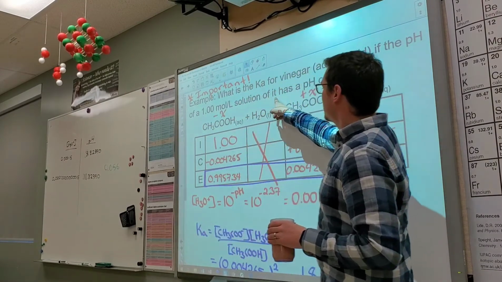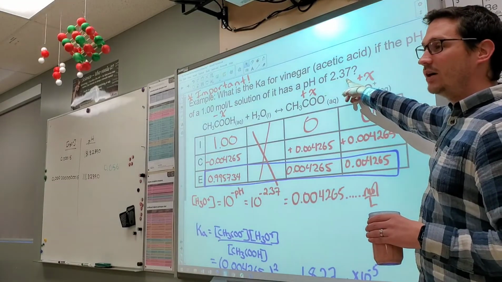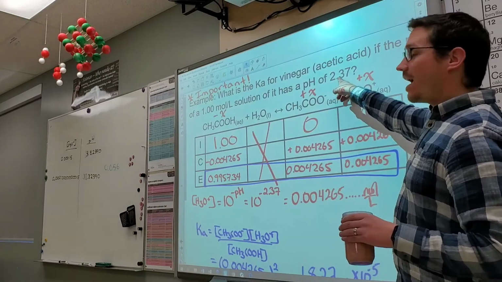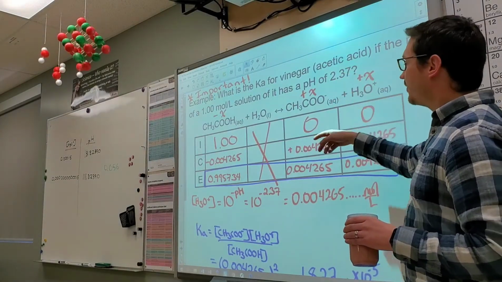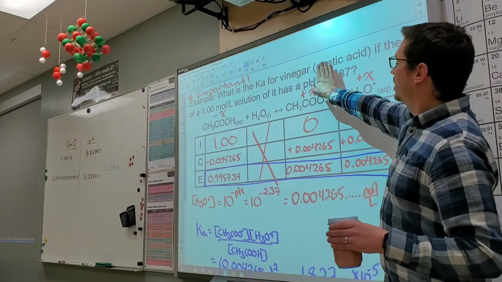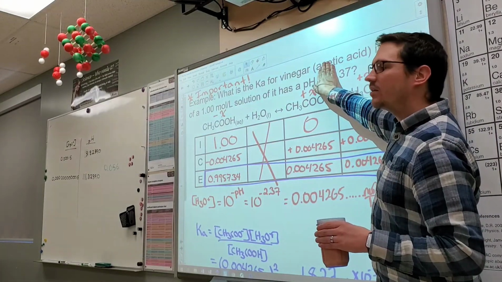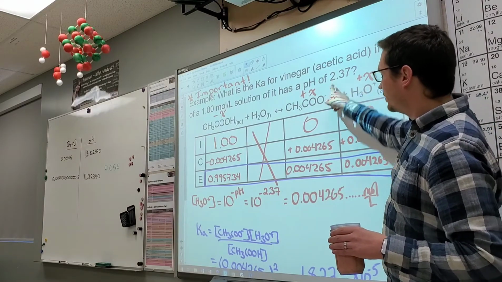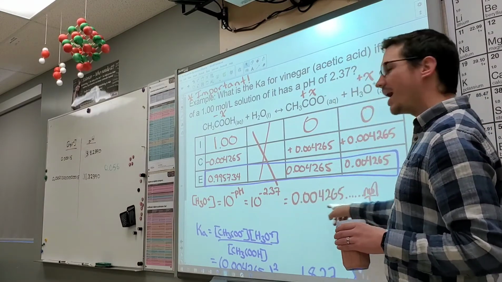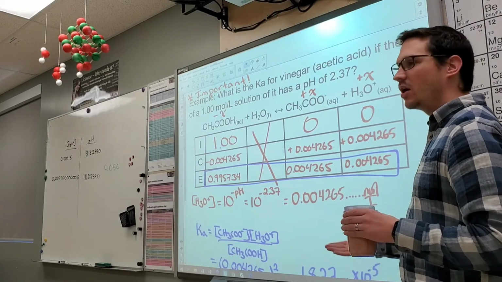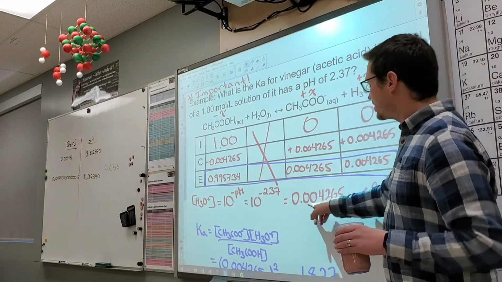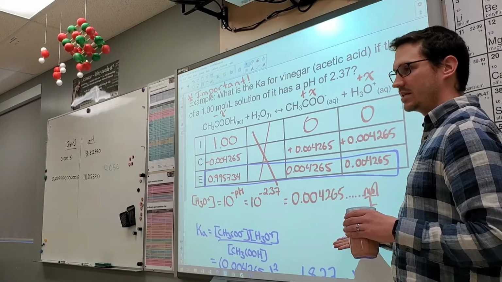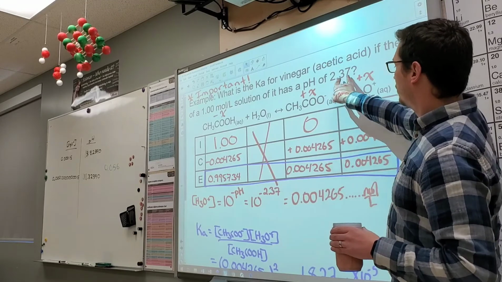How many significant digits here? 2. It's only after the decimal place for pHs. If I give you a pH, you don't care about anything in front of the decimal place. That's just telling you there are approximately 2 zeros before you get to your significant digits. Does that make sense? So these are your only 2.